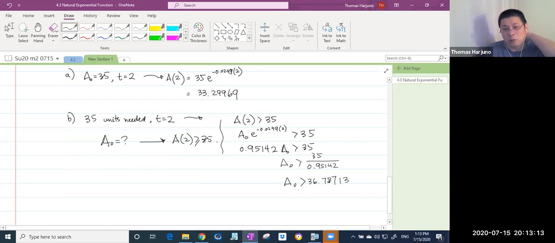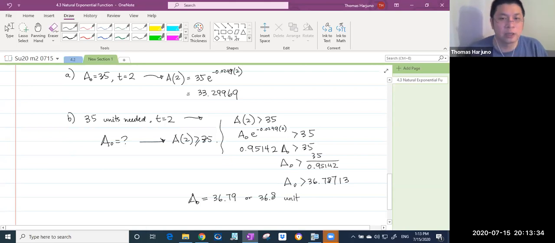So if I round it to the nearest 1 or 2 decimal places, then A sub 0 can be 36.7879 or even further 36.8 units, so that once it arrives, it still has at least 35 units.